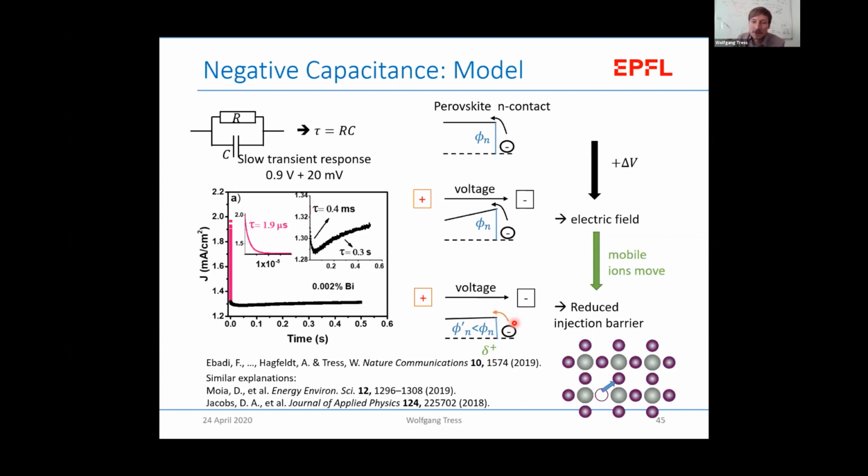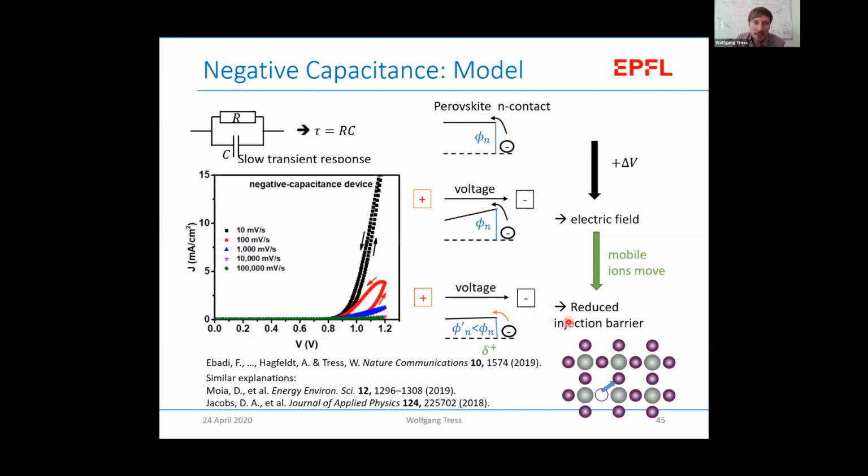And this is what we argue is the explanation for this kind of mysterious negative capacitance, also for the generally gigantic kind of apparent capacitance values. And we can see this also very nicely when we do a JV scan starting at 0 volt and scan, for example, very fast.